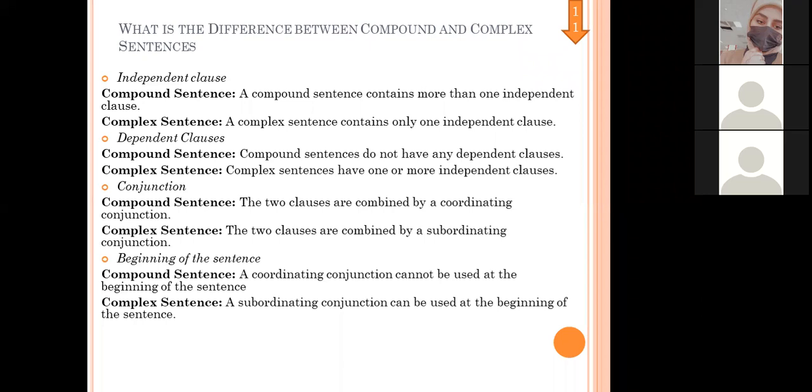To identify a compound sentence, you should look for conjunctions such as and, nor, yet, or, but, etc. On the flip side, look for subordinating conjunctions such as although, because, since, whenever, before, and many more to identify complex sentences.